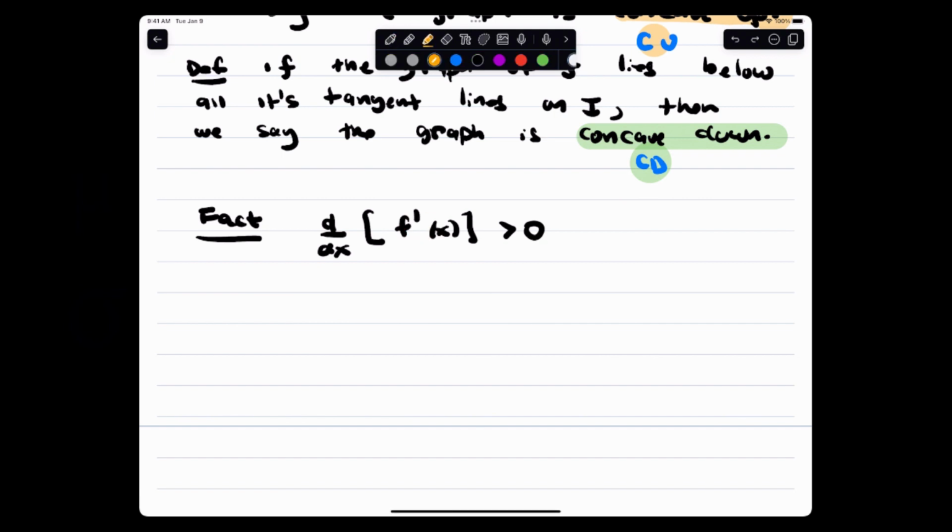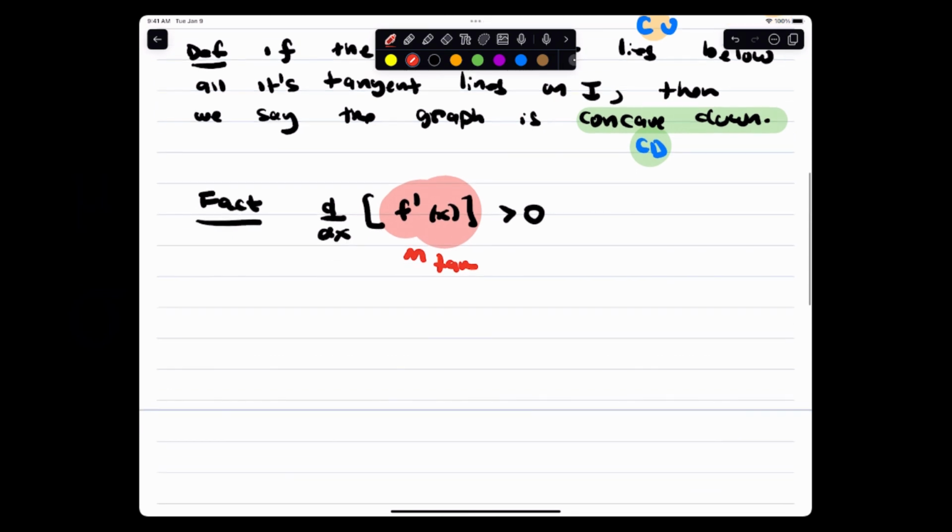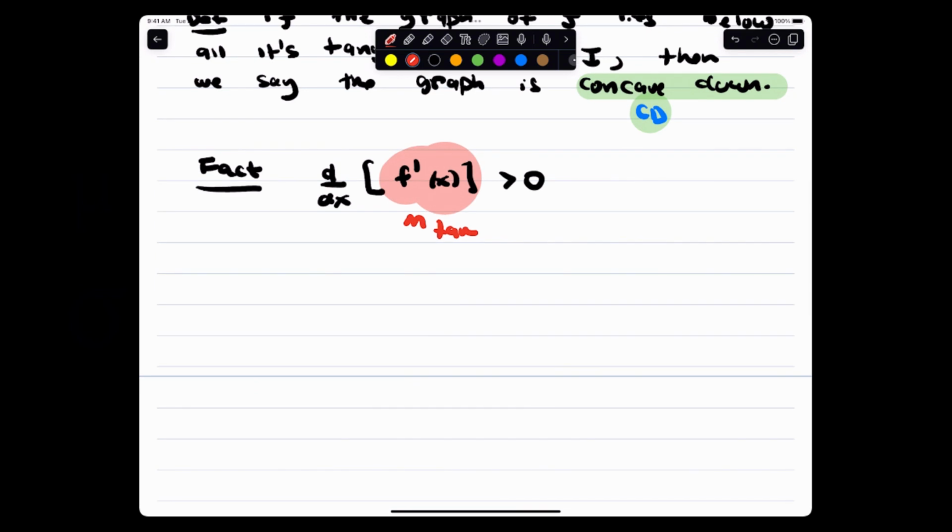This first derivative is called m tangent, at a location x. Isn't that the slope of your tangent line? So here's what they're saying.